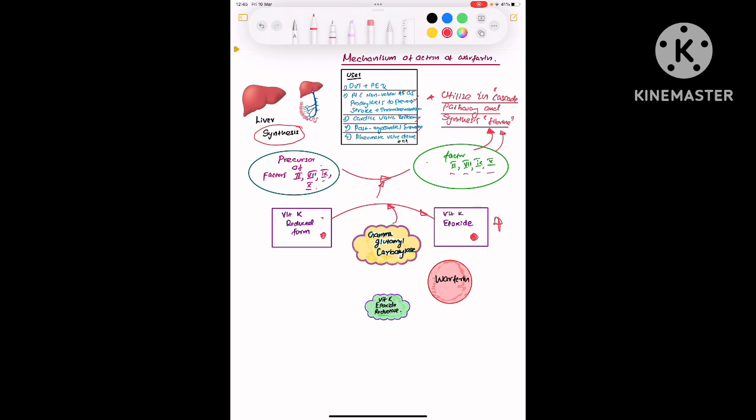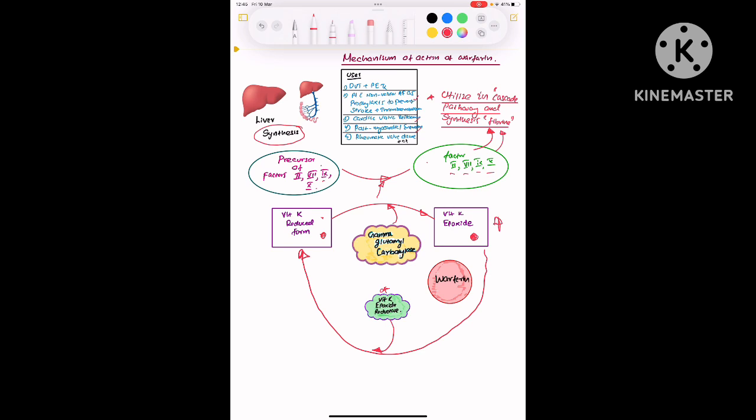Then the excess vitamin K epoxide converts back into the vitamin K reduced form with the help of another special enzyme, vitamin K epoxide reductase, which facilitates this reaction.